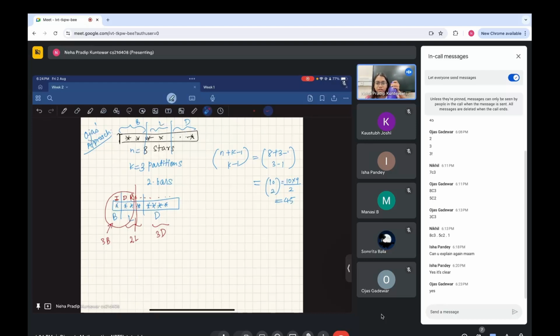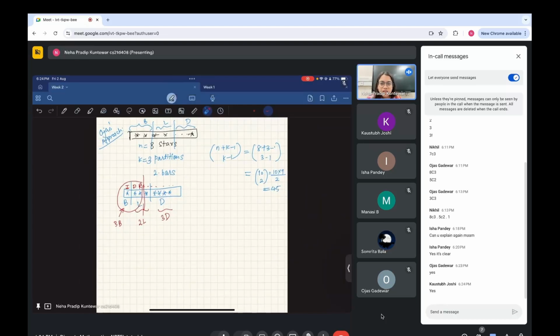It was a good attempt, and in fact, it was a natural idea to think of stars and bars here. But I hope everybody is clear about the problem with the approach. So yeah, Kaustubh, I see a hand raised. Do you have any question?